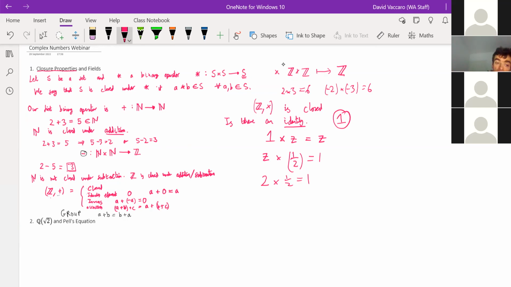So we've got a very similar problem with integers with division that we had with natural numbers with subtraction. So what type of numbers do I need to introduce in order to have multiplicative inverses?